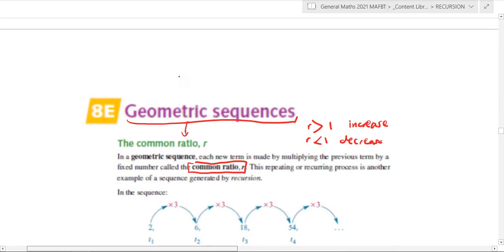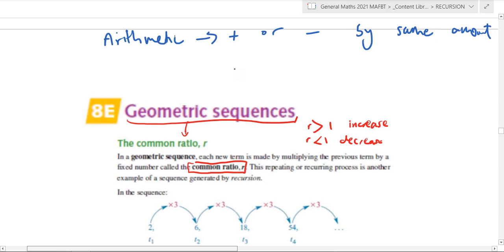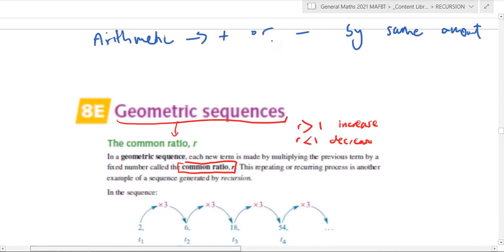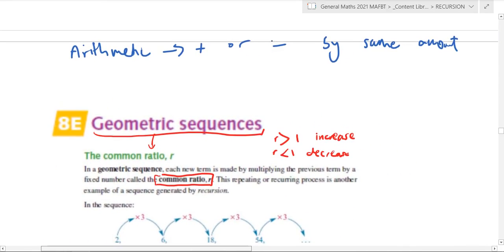Arithmetic sequences involve, so I'll write that here, arithmetic. Remember, you're either adding or subtracting by the same amount. That amount can either be a decimal or a whole number.